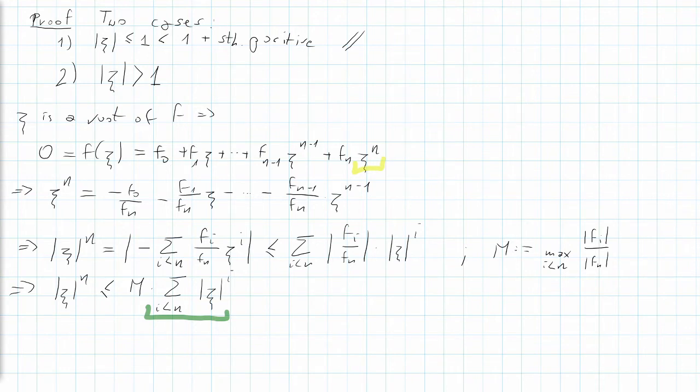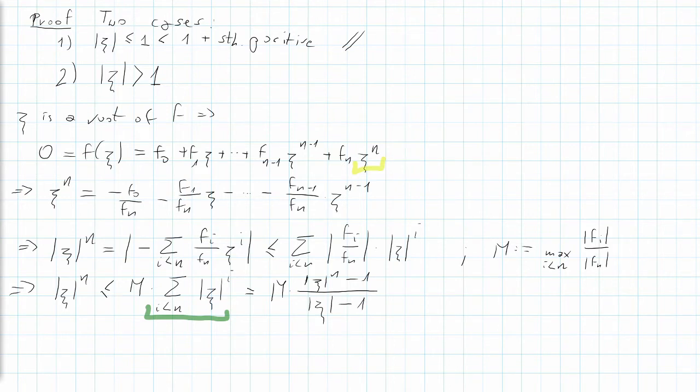So from what we know about geometric sequences, this is nothing else but m times, and we started indexation from 0, and the indexation runs from 0 to n minus 1. So there are n terms here of this sequence. So this is the nth power of the absolute value of psi minus 1 over the absolute value of psi minus 1.